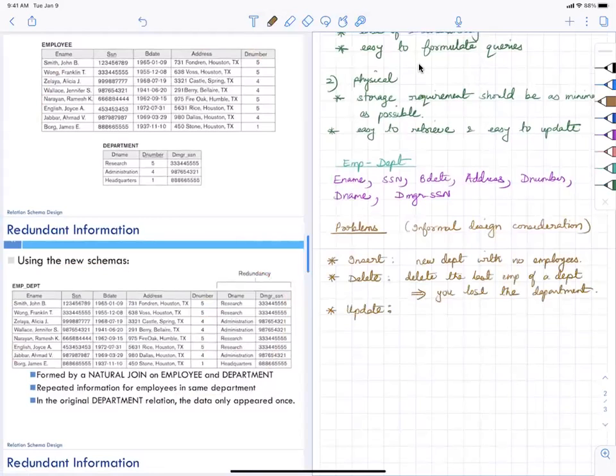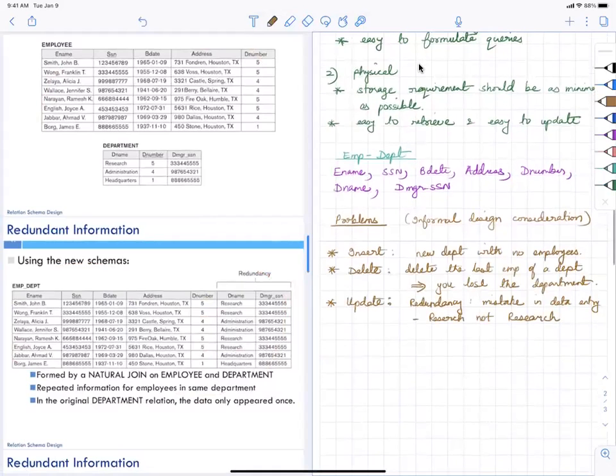That's the problem with redundancy: you can make data entry mistakes. Or let's say that you change the manager's social security number, so there are different managers for the same department.